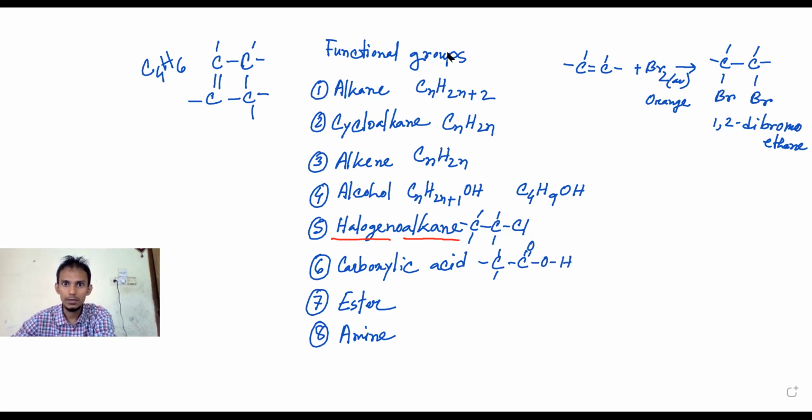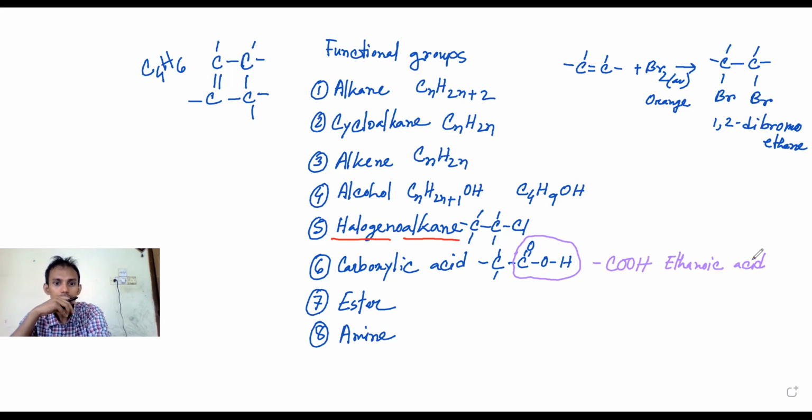So basically this was the functional group, COOH. C double bond O, OH is the functional group. So a 2 carbon containing carboxylic acid will be ethanoic acid. Clear? Yes, sir, clear.